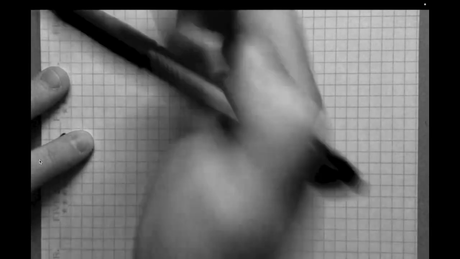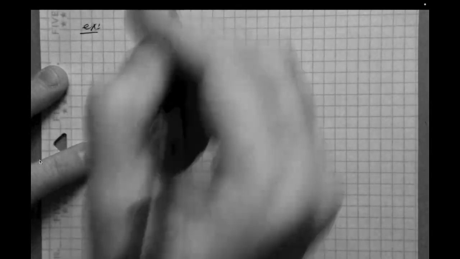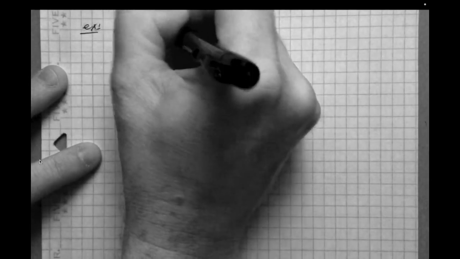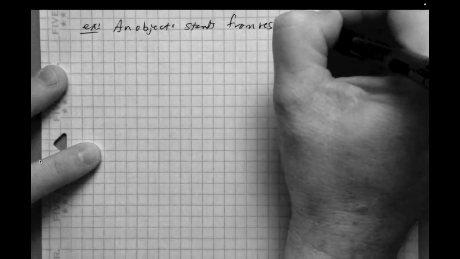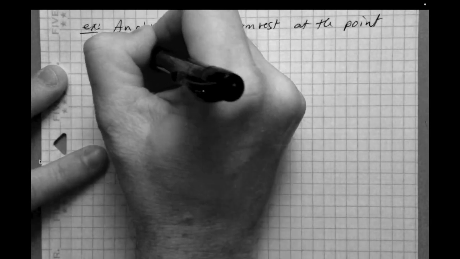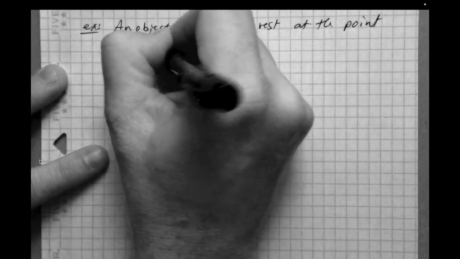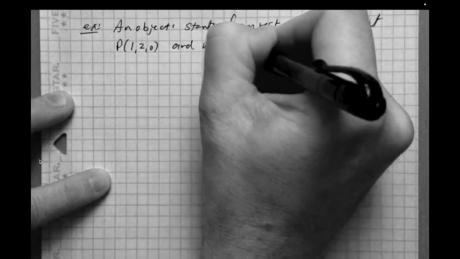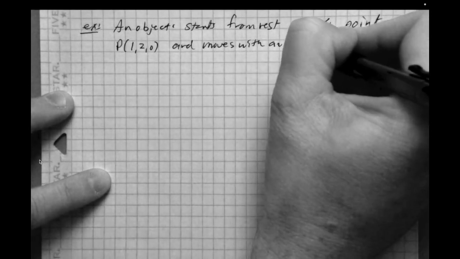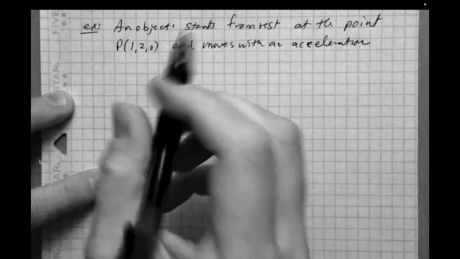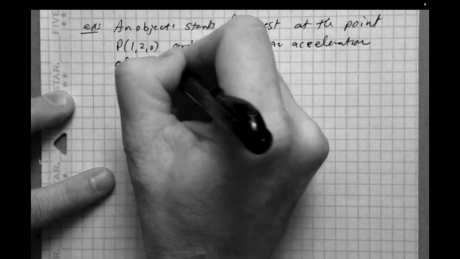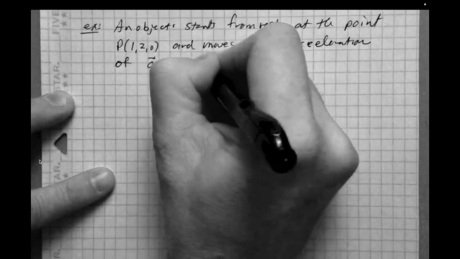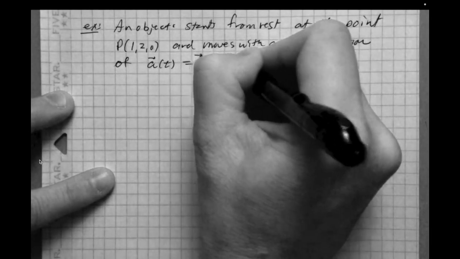All right, so an object starts from rest at the point P, and this will be a three-dimensional point, so (1, 2, 0), okay, and moves with an acceleration of, and here's the acceleration function, a(t) equals j plus 2k.